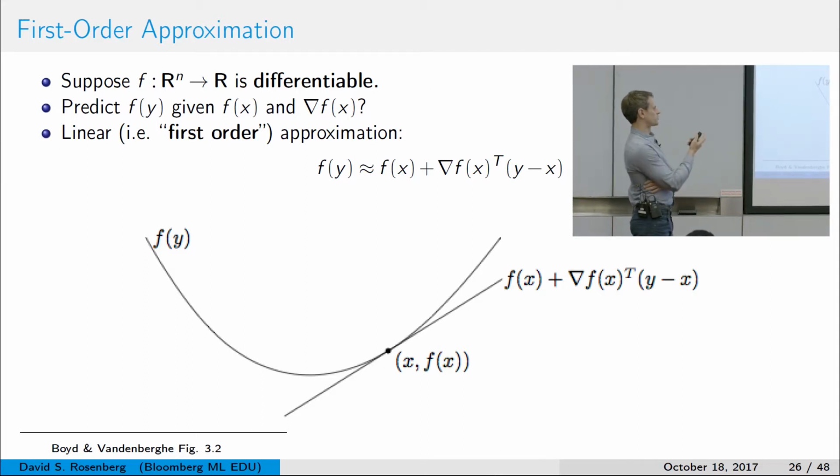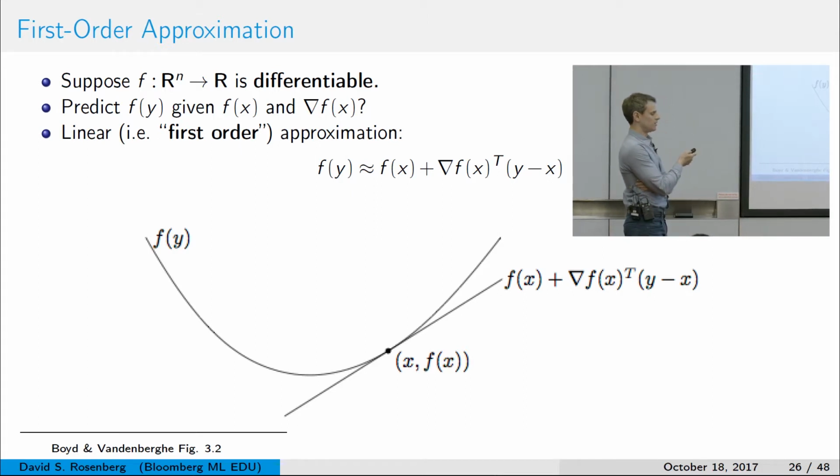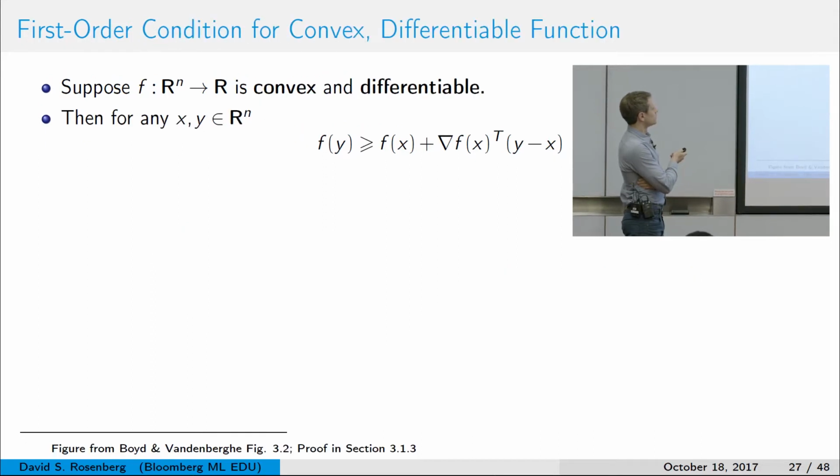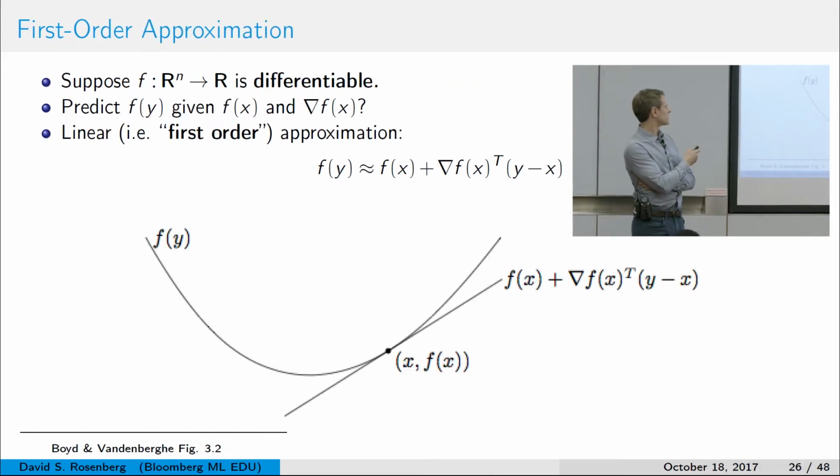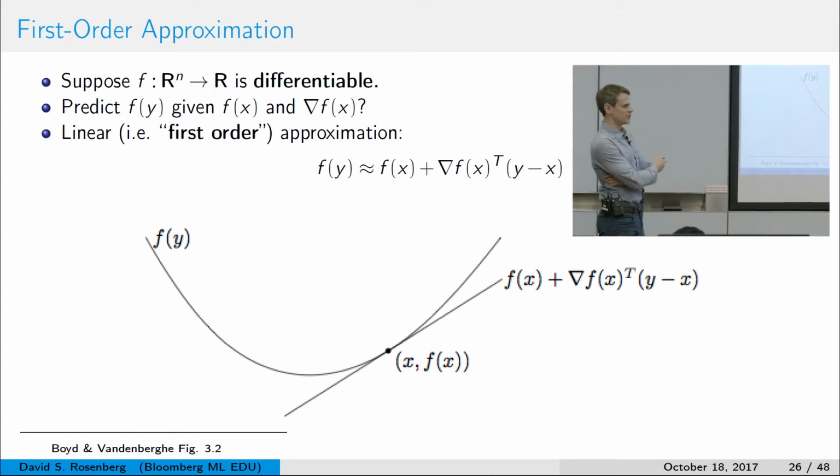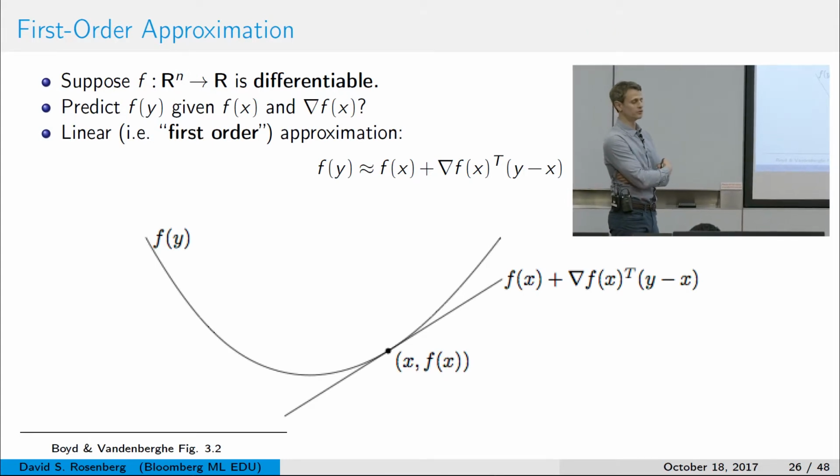So there's one other interesting property that we can already see from this picture, which turns out to be always the case when f is convex. So here we're just saying f is differentiable. All right, we can always do this linear approximation if we have a gradient.